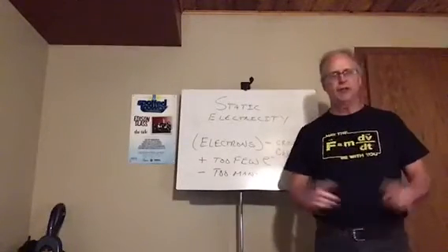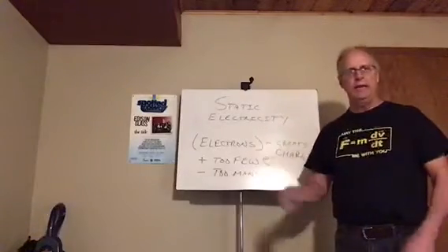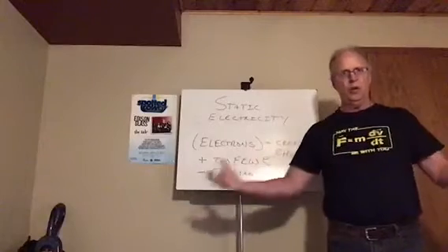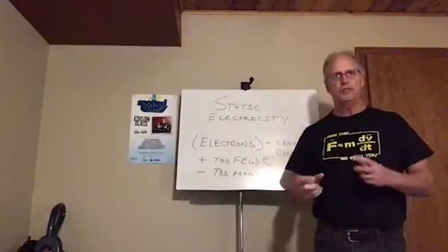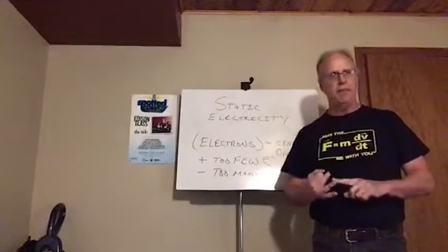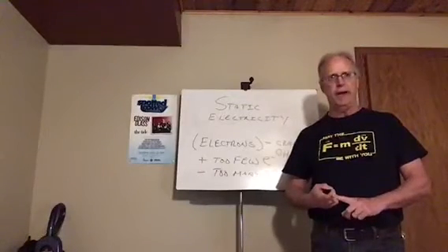So the next topic is static electricity, and we're talking about what is static electricity. Well, you just got through with kinetic theory, and that was all objects have minute particles, they're in constant motion, and they have cohesive and adhesive bonds.